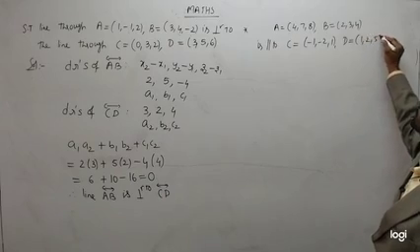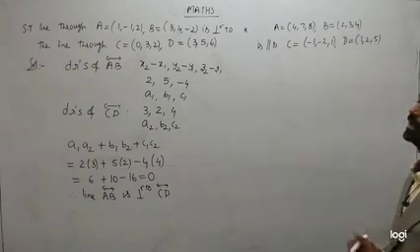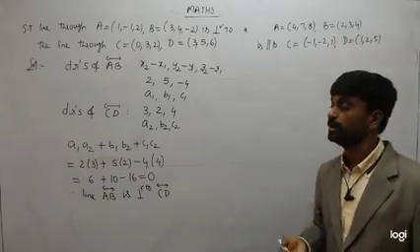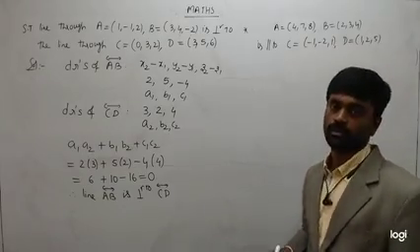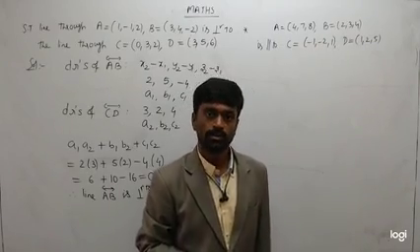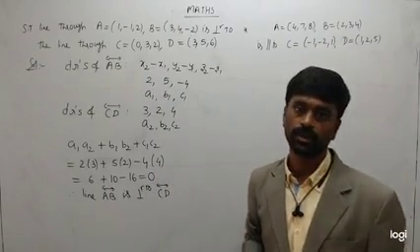So we have to show that line AB is parallel to line CD. In this case also we find the DRs of both lines. Then the condition for parallel is what? A1 by A2 is equal to B1 by B2 is equal to C1 by C2.